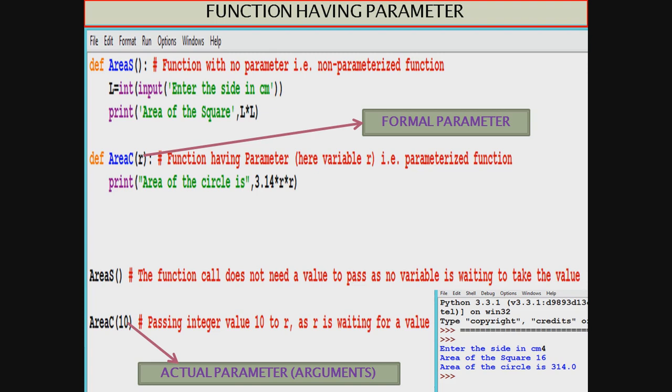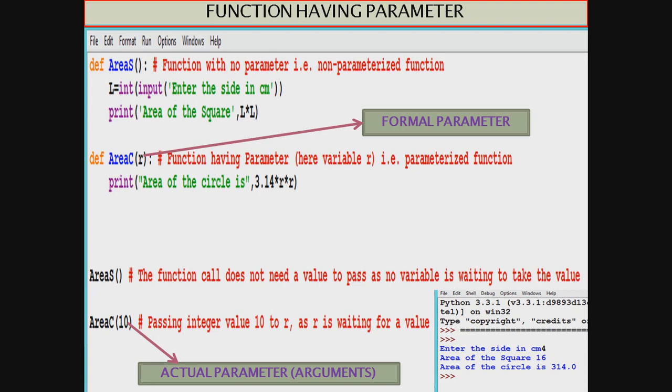Here, when area S is being called, we are passing nothing to area S, and a variable L is locally taking a value from the user and printing the area using that value. L is that variable which is locally taking the value within area S, and we are printing the area of the square as L into L.